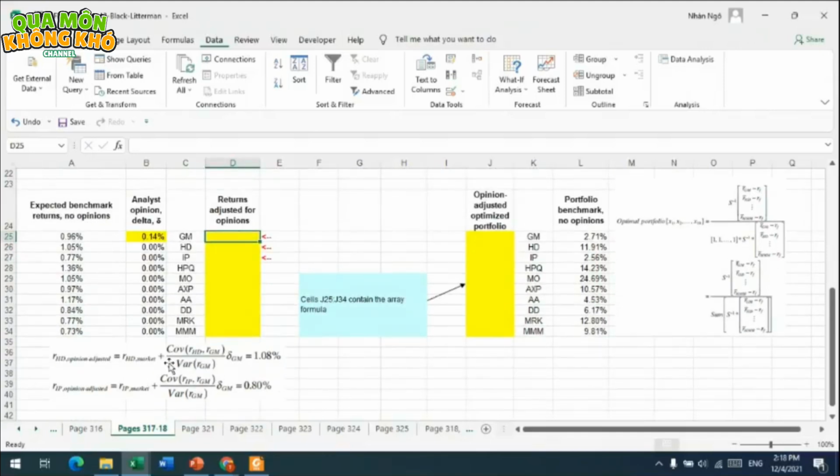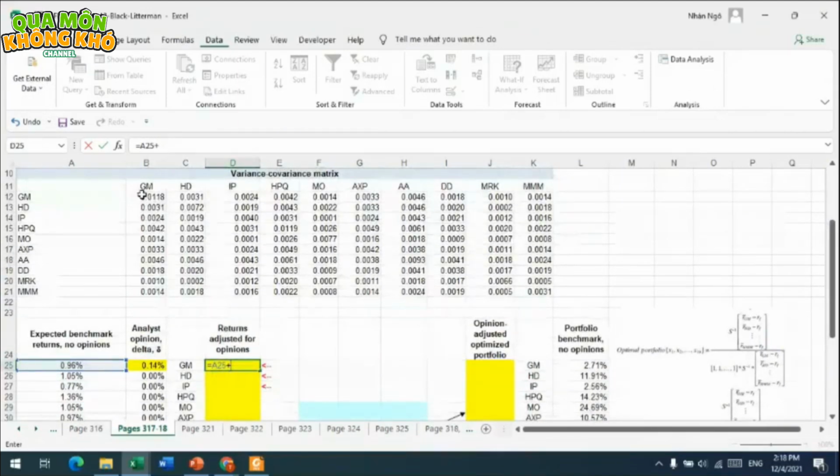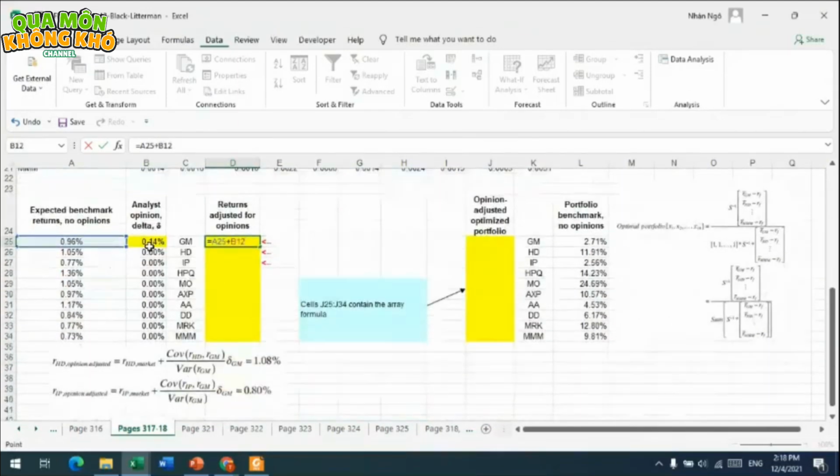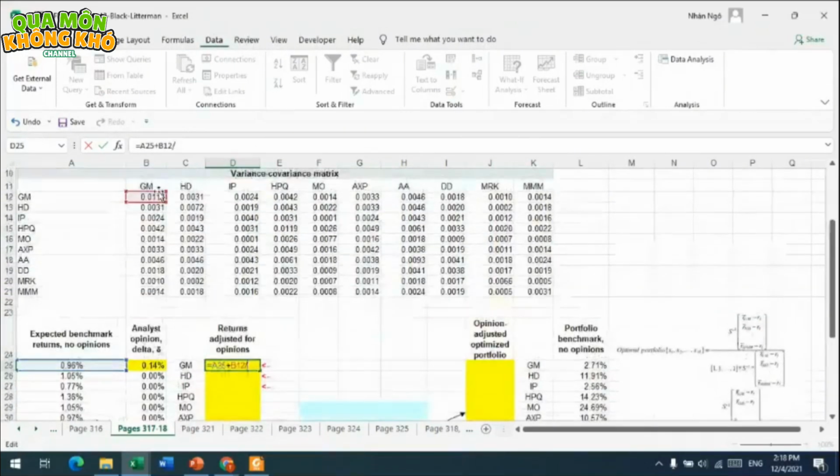So we got the formula here, and we calculate it by taking the market return plus the covar and var ratio here, divided by, and multiplied with the delta.